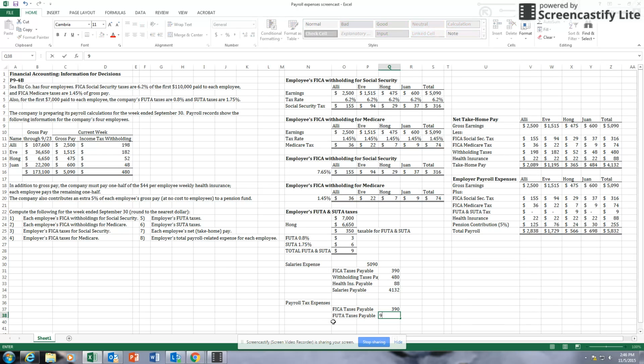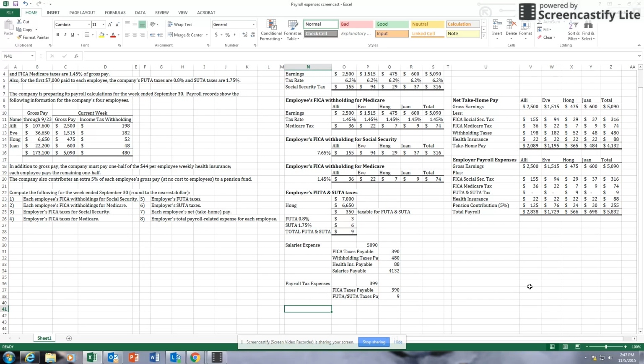We'll say 9. We'll call it FUTA and SUTA. And that is all for our payroll taxes. So that would mean that our debit is for $399. Our payroll tax expenses are $399. And then we owe the different taxing authorities $390 for FICA and $9 for FUTA and SUTA.